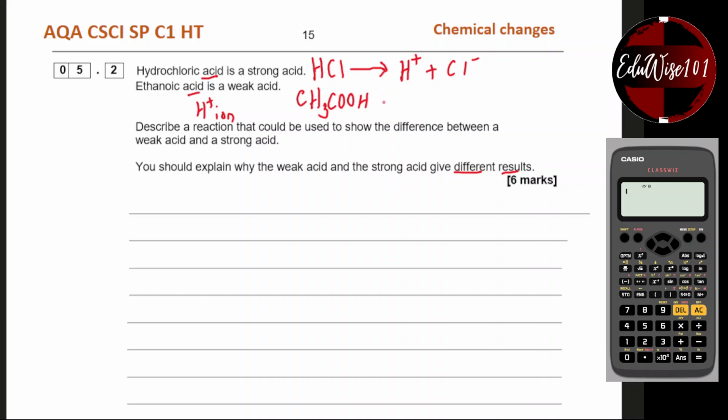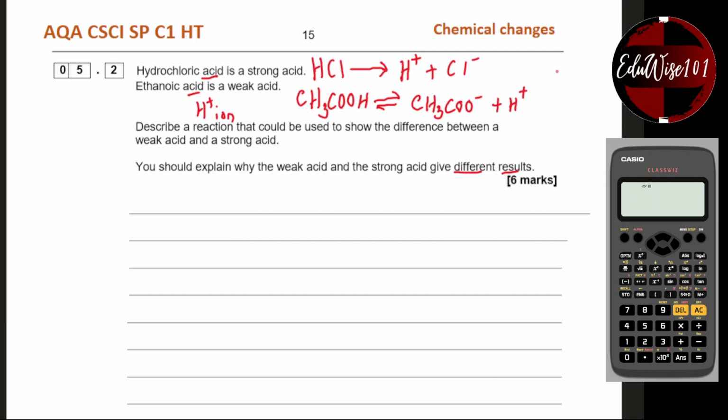Now, ethanoic acid doesn't actually break up like this. It partially breaks up. So there's an equilibrium to it: CH3COO minus and H plus ion. So it doesn't completely dissociate or break up.